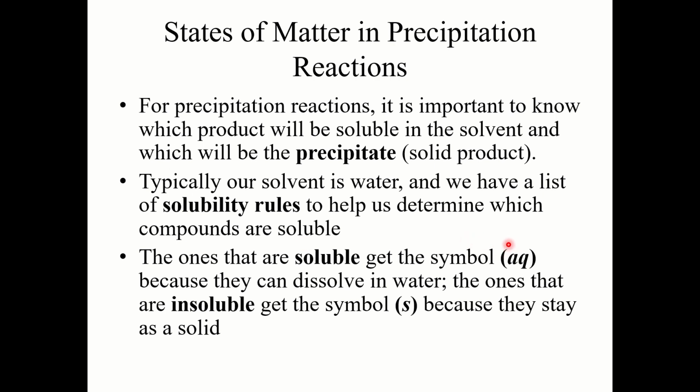Remember that AQ means aqueous, so anything that is soluble will form an aqueous solution because they can dissolve in water. Compounds that are insoluble get the symbol S. So make sure you don't get this mixed up in your head and think that S means soluble. It does not. S means solid, so something that is a solid is therefore insoluble. Whereas AQ means aqueous, which means it dissolves in water and is therefore soluble.